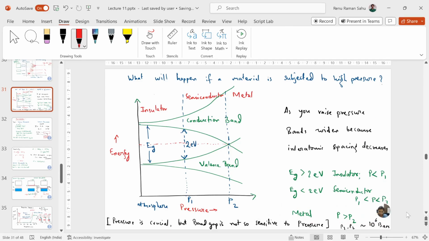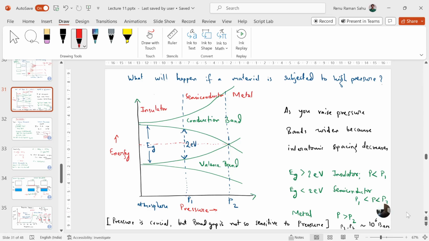So in the band gap calculation that we did with the Schrodinger equation at x equal to 0 and V equal to 0, we are considering the nearly free electron approximation with the condition that the wave function and its slope are continuous at x equal to 0, correct?